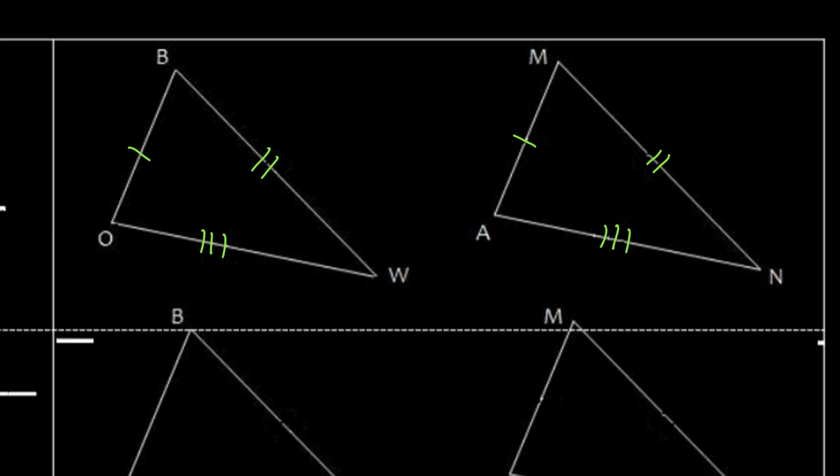So a tick mark represents a congruent what? Side. So I'm going to put an S for the one tick marks. This side is congruent to that side. Two tick marks now, side is congruent to side. And then the three tick marks, side congruent to side.